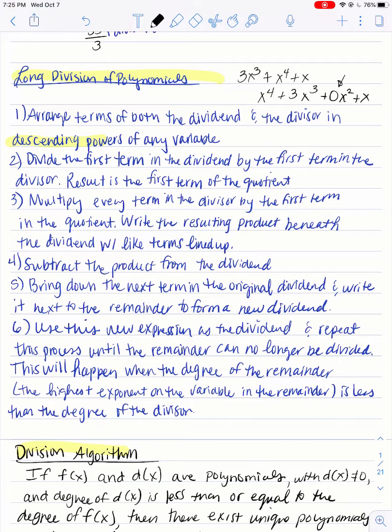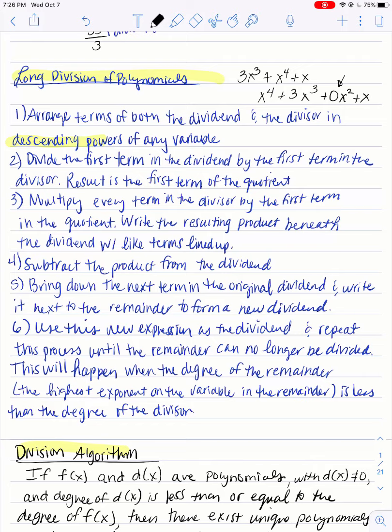Then we subtract that, bring down the next term in the dividend next to the remainder we got from subtracting, and form a new dividend. Then we use this expression and repeat our process until our remainder can't be divided anymore.